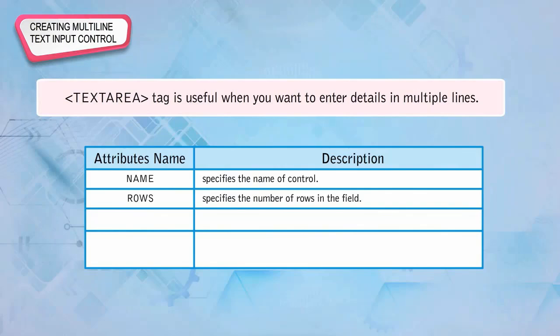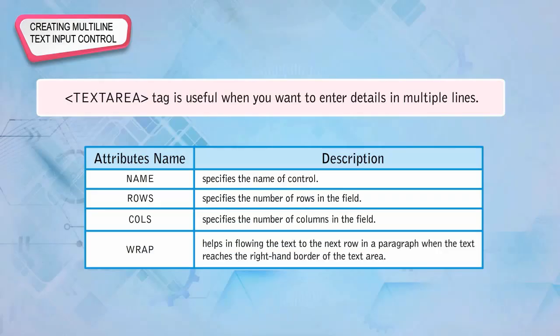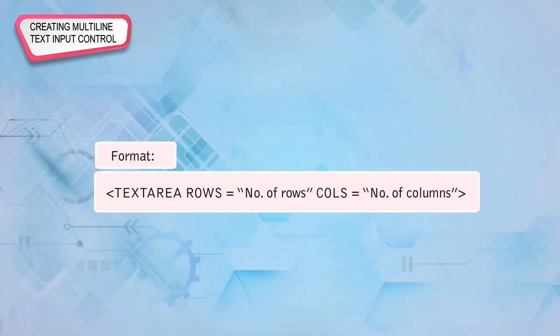Rows specifies the number of rows in the field. Cols specifies the number of columns in the field. Wrap helps in flowing the text to the next row in a paragraph when the text reaches the right-hand border of the text area.